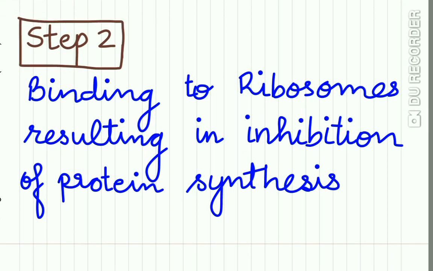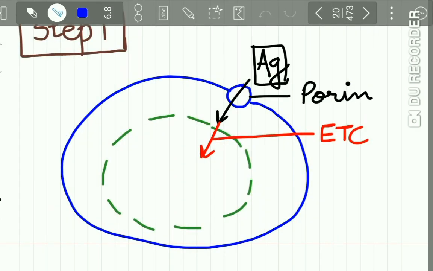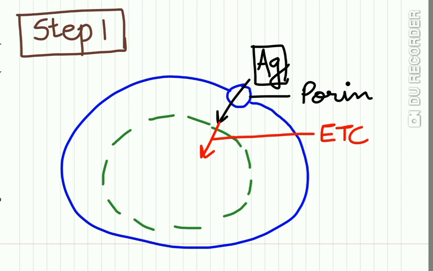In step 2, the aminoglycosides bind to the ribosomes, resulting in inhibition of protein synthesis. So now, let us study in detail step 1 in which the aminoglycoside is transported inside the cell.